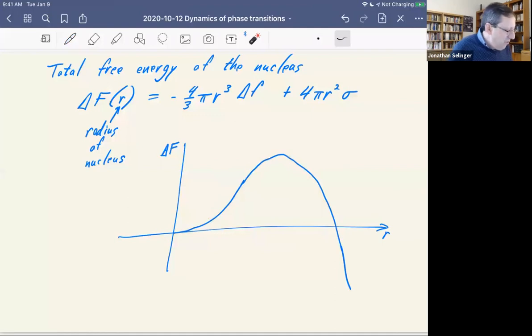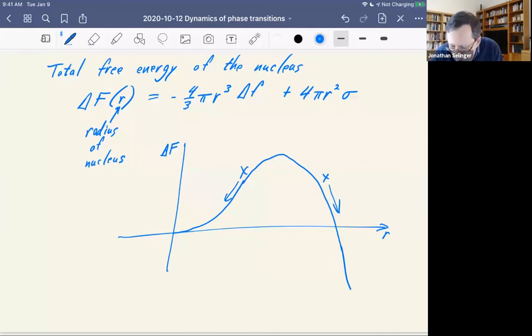So that tells us that if you form a nucleus that is very small, a nucleus like this, for example, it will tend to get smaller. It will tend to go away. But if you form a nucleus that is sufficiently big, it will tend to grow.